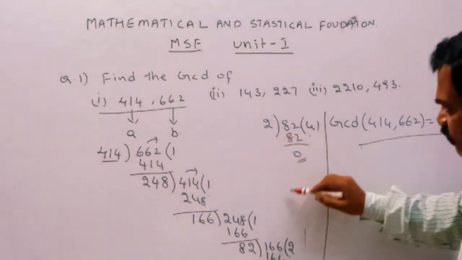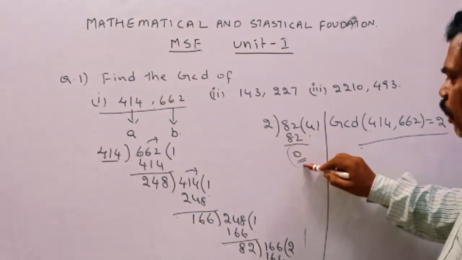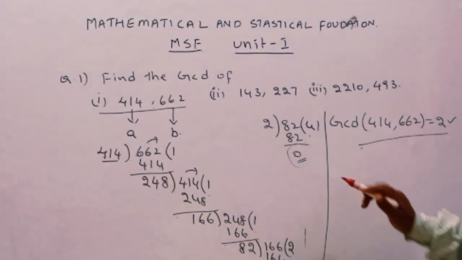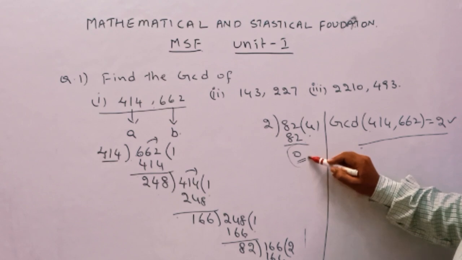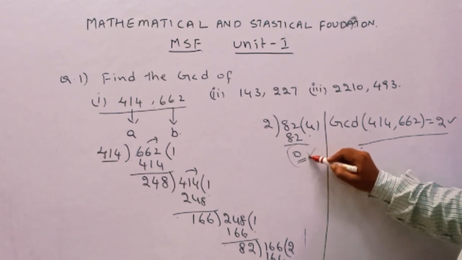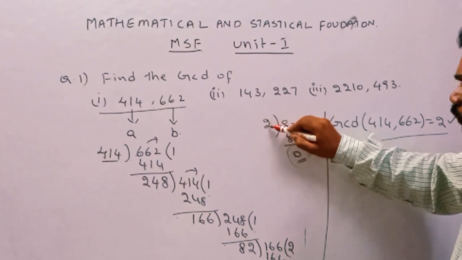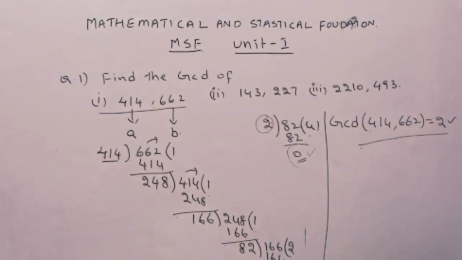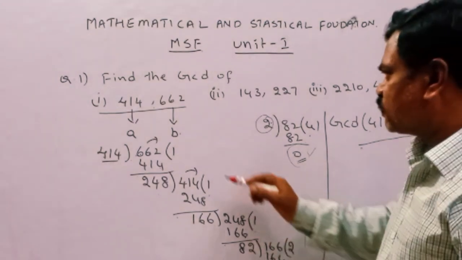We do it like this until we get a remainder of 0. When the 0 remainder occurs, that divisor is the GCD of the two numbers.